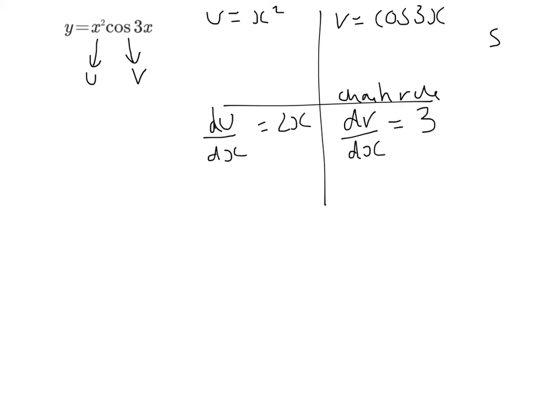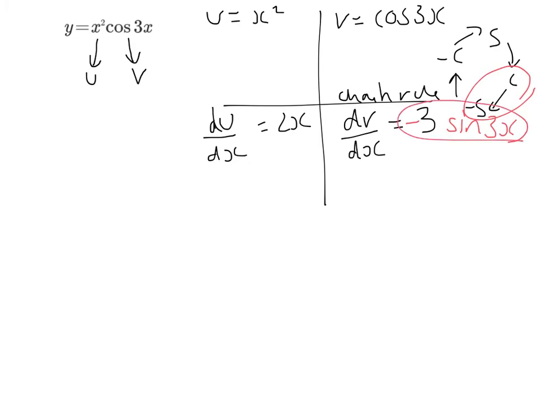Let's have a bit of a think. Sine differentiates to cos differentiates to minus sine, and it goes around like that. So cos differentiates to minus sine. So it's going to be minus 3 sine 3x. Okay, there we go, minus 3 sine 3x. Right, let's start off.